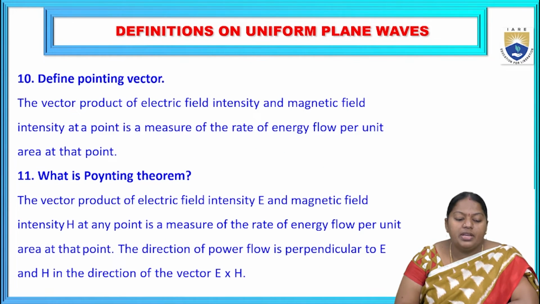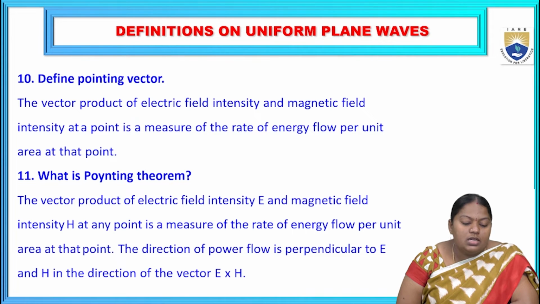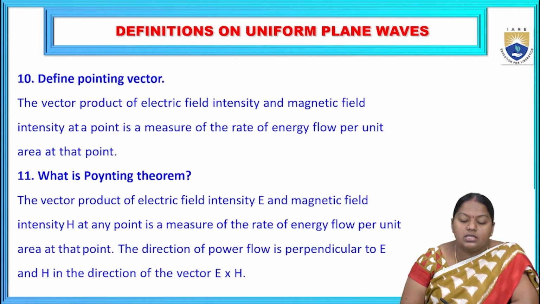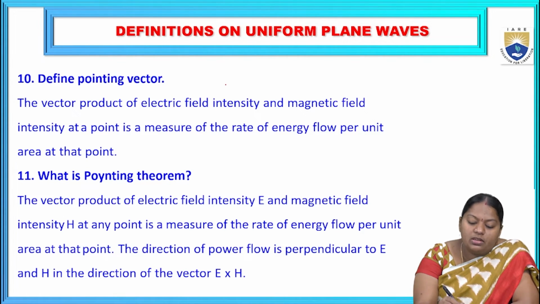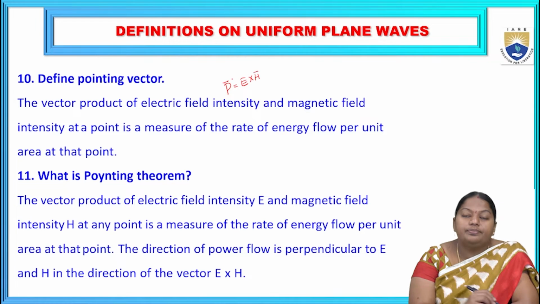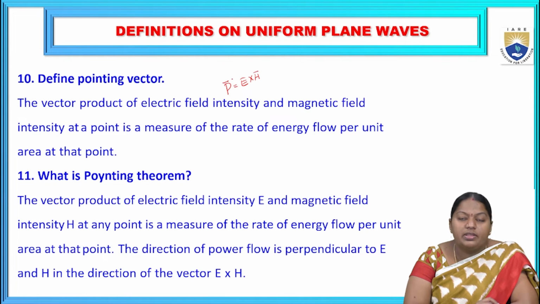Next, define Poynting vector. The vector product of electric field intensity and magnetic field intensity at a point is a measure of the rate of energy flow per unit area at that point. Generally, the Poynting vector is P bar equal to E bar cross H bar, where E bar is the electric field intensity and H bar is the magnetic field intensity.